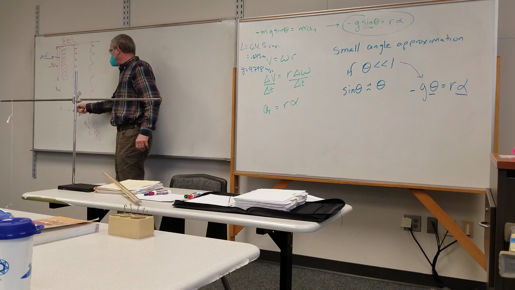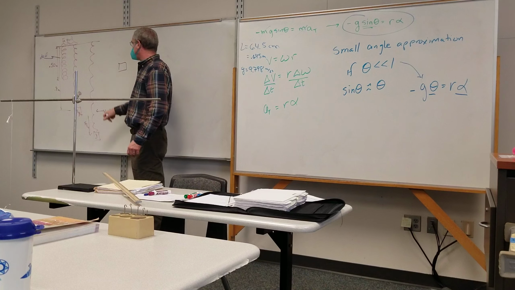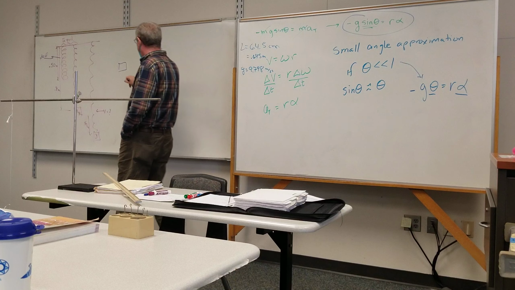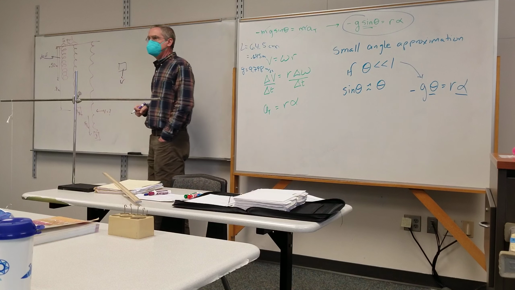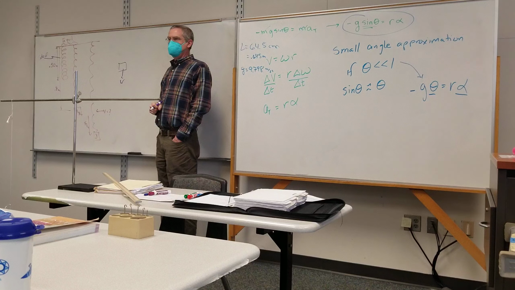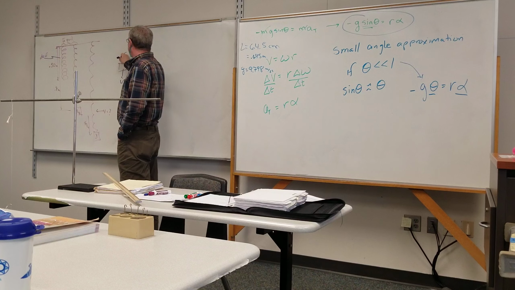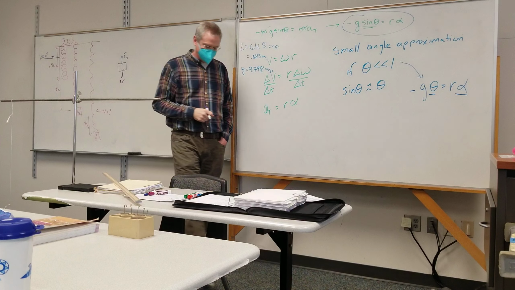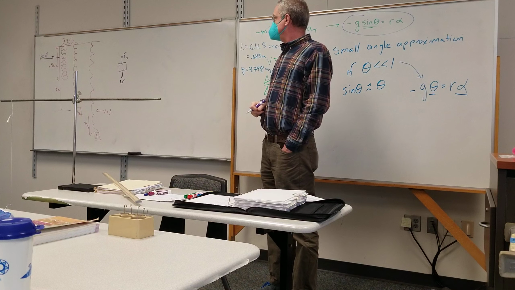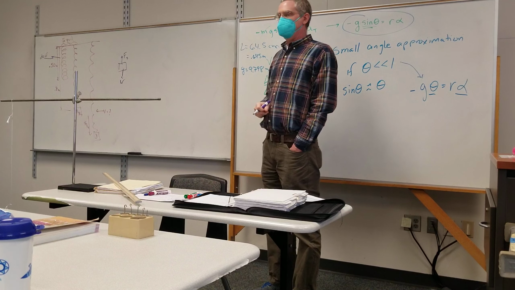Since this is an equilibrium force diagram, what are the forces acting on the 3 kilogram mass in scenario 2 here? The spring is. All right. What's the acceleration of it? 0, I hope so. Why?